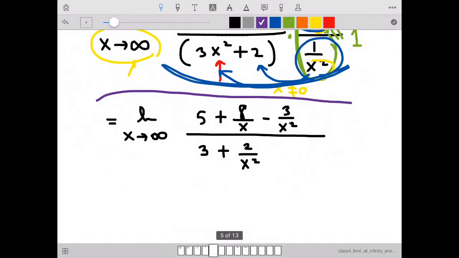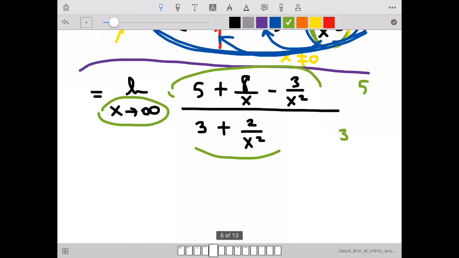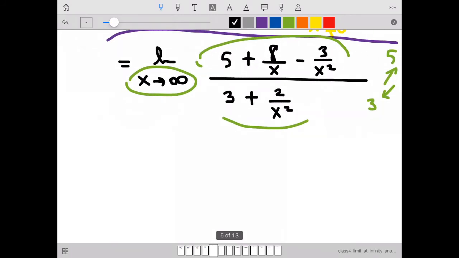Now, what did we achieve by doing this? If we look at the top, that goes to 5 as x approaches infinity. And the bottom approaches 3. These are finite numbers. So we can use limit law. So once we do dividing by highest power, then I am able to use limit law. And we can do limit of the quotient is quotient of the limits.